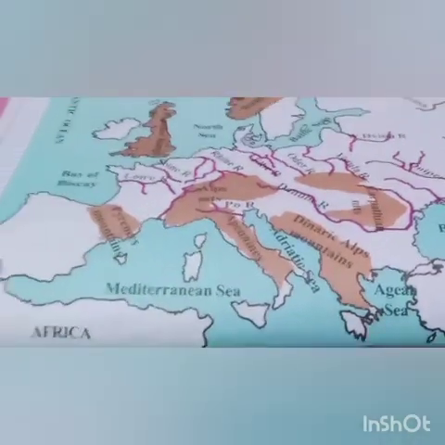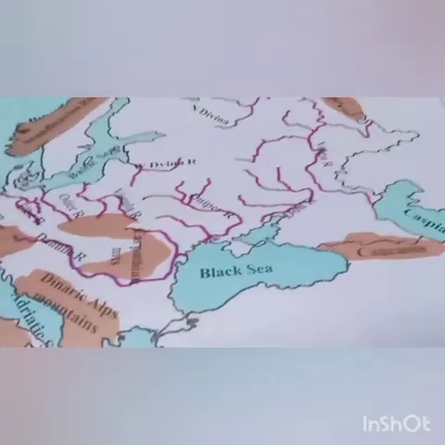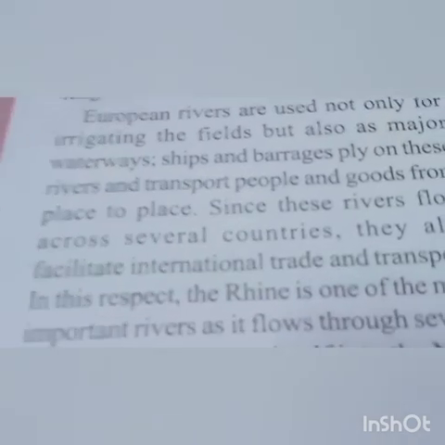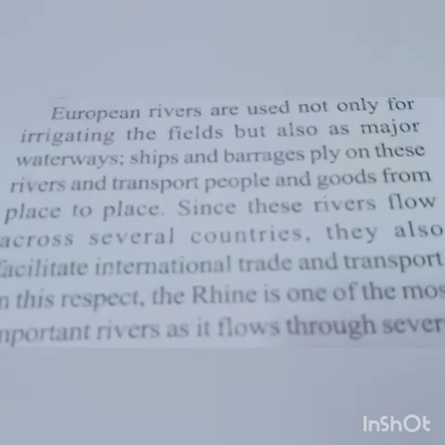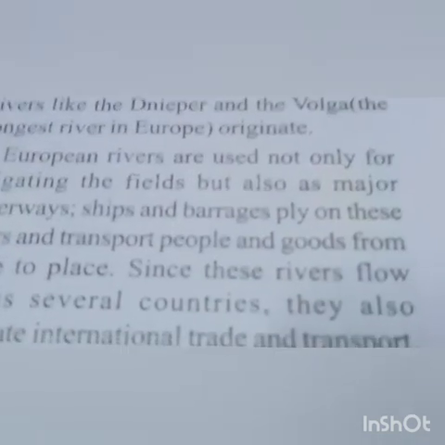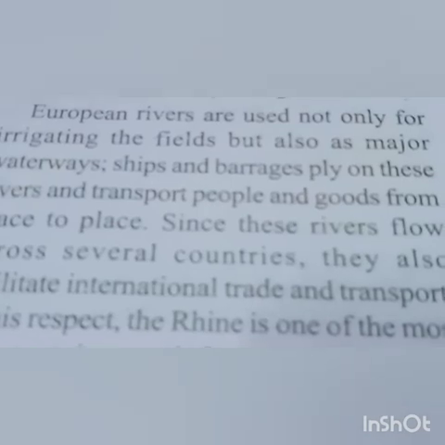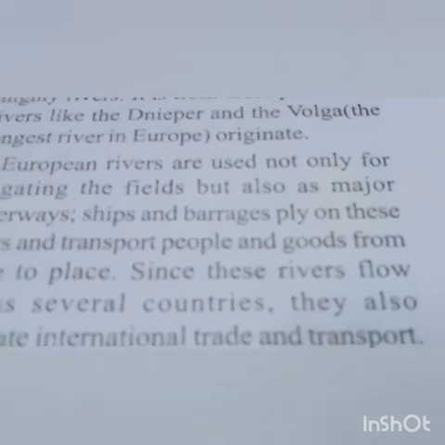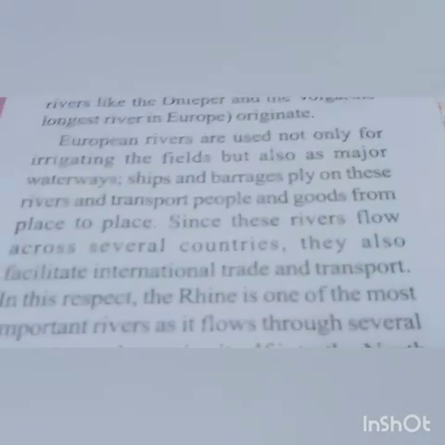And how these are useful from the irrigation point of view, and not only irrigation but even agriculture. These rivers are used not only for irrigating the fields but also as major waterways. Ships and barges ply on these rivers and transport people and goods from place to place.